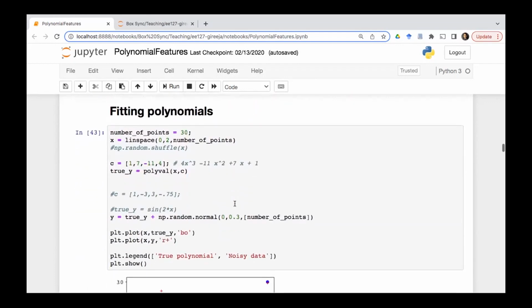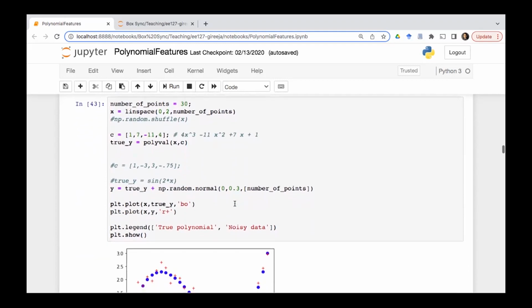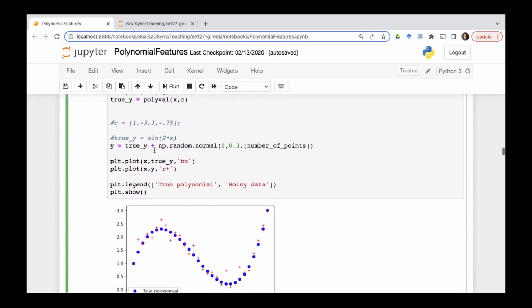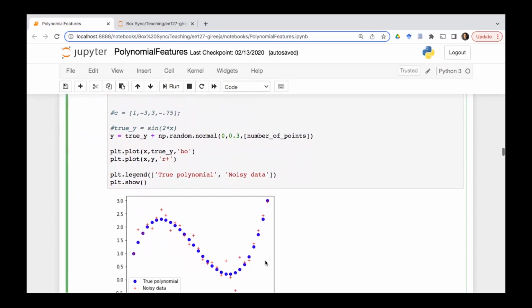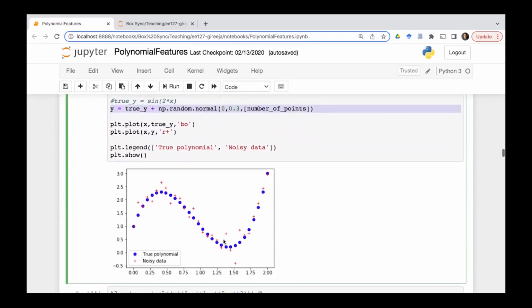So here, let's say I want to fit a cubic polynomial. I have some data points, let's say 30 points, and here I'm doing it as a demo. I'm generating a true polynomial, then adding noise to it, and plotting it to generate some synthetic data.